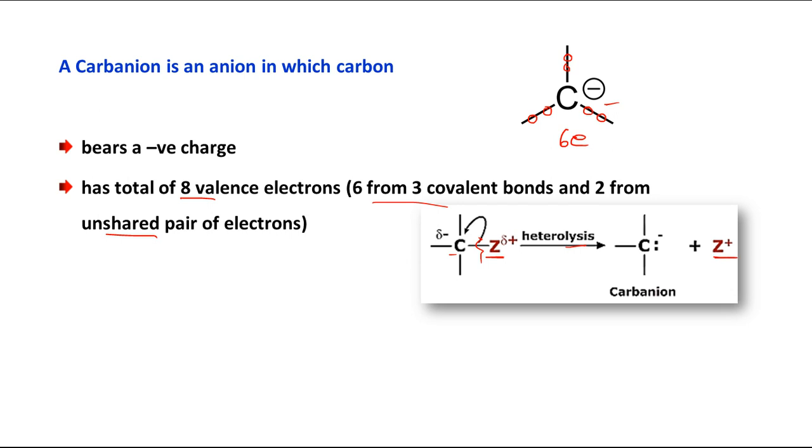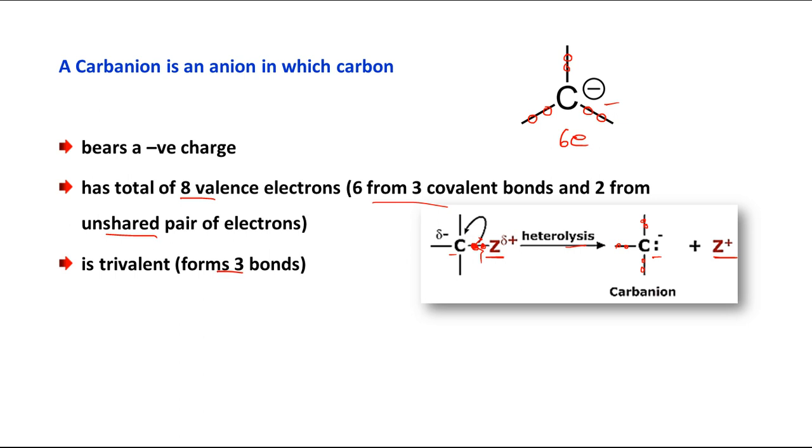So here Z is leaving with a positive charge and both the electrons that were present in this bond will now come over to carbon. That is why it is a carbanion. Here also 6 electrons come from 3 covalent bonds and 1 unshared pair, total 8 electrons.